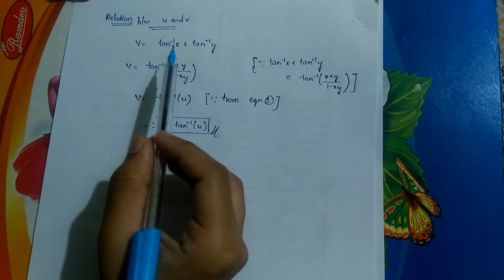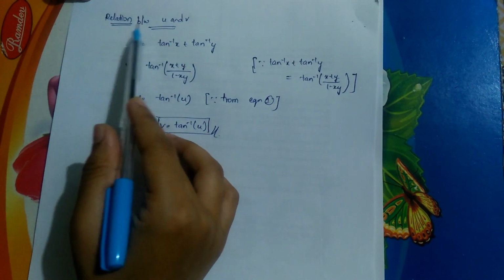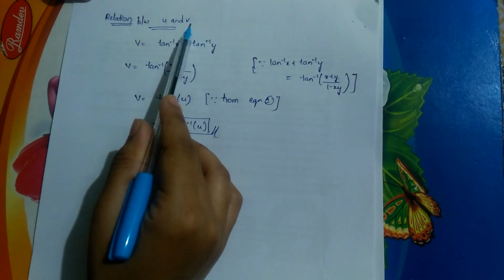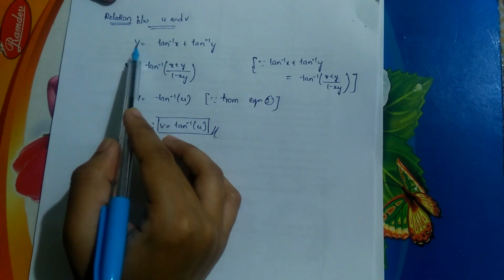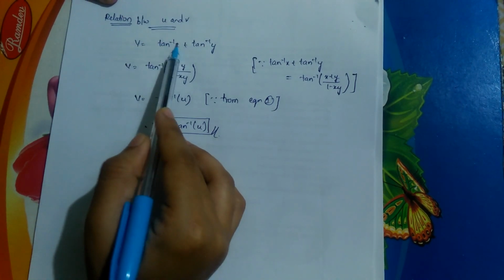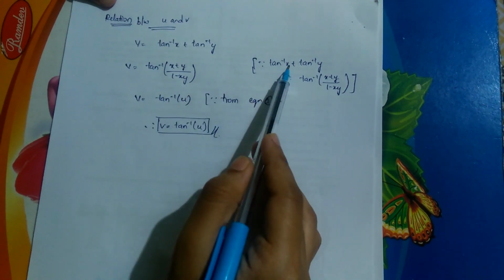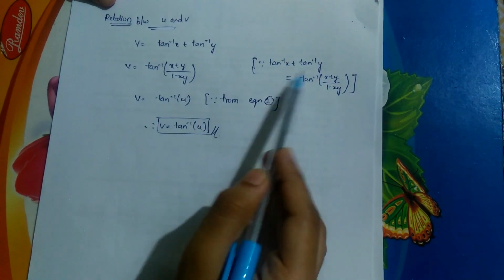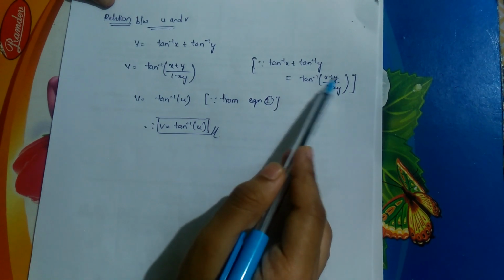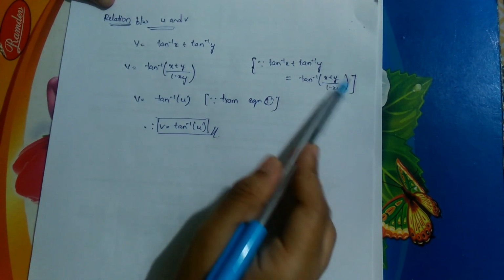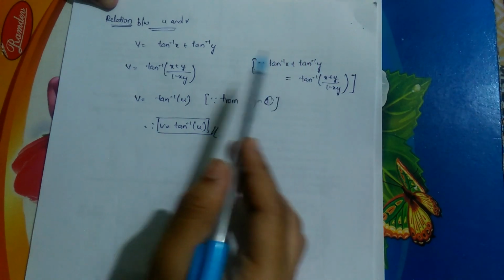And now it comes to the relation. We have to find the relation between u and v. They have given that v equals tan inverse of x plus tan inverse of y. We know that tan inverse of x plus tan inverse of y equals tan inverse of x plus y by 1 minus xy. This is a standard formula.